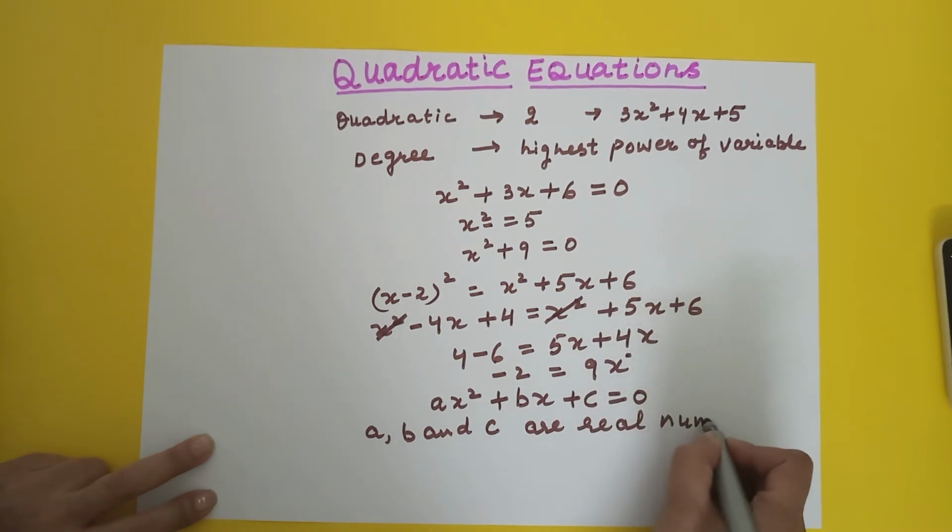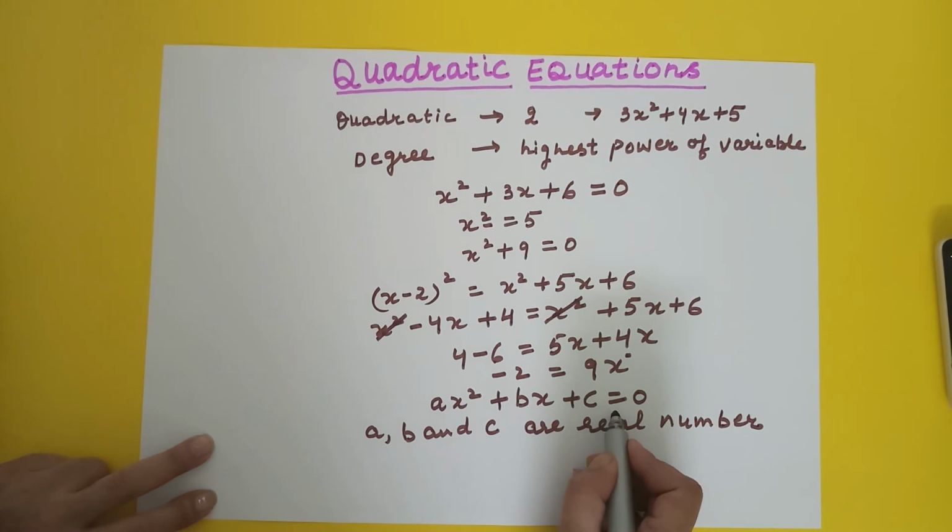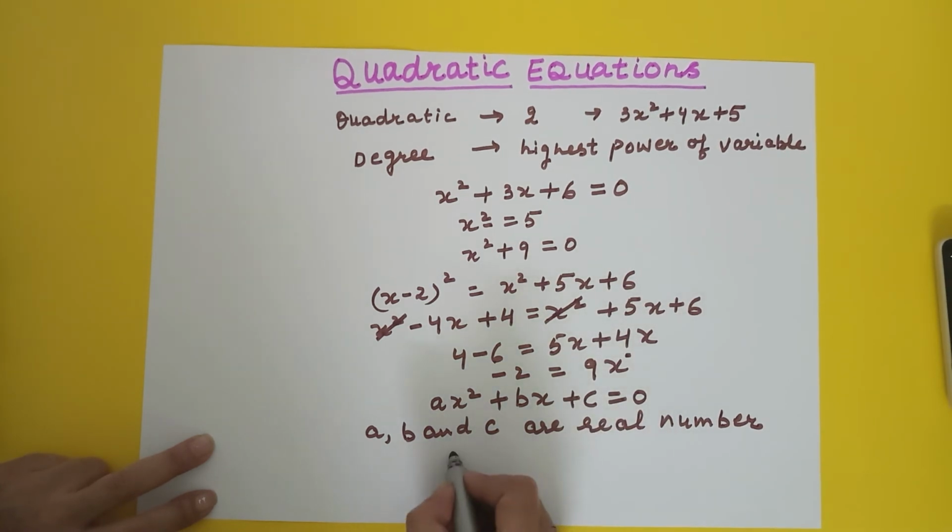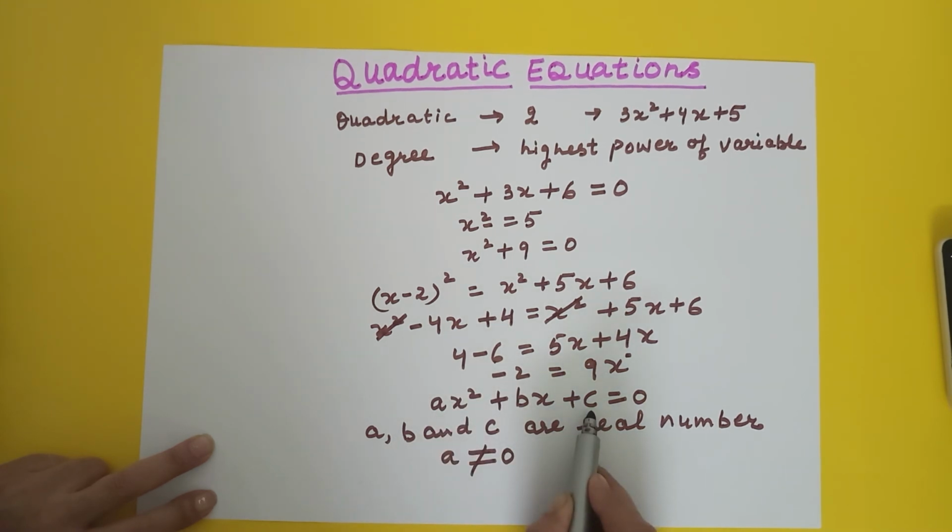But along with that, one more condition which is very important for this equation to be a quadratic one is that a should never be equal to 0. Because if a is 0, then 0 into x square becomes 0, and then this equation no longer will be a quadratic equation.